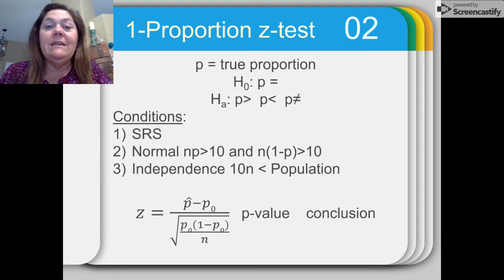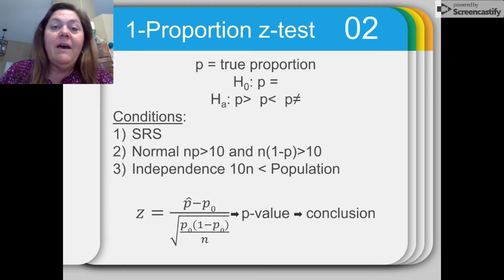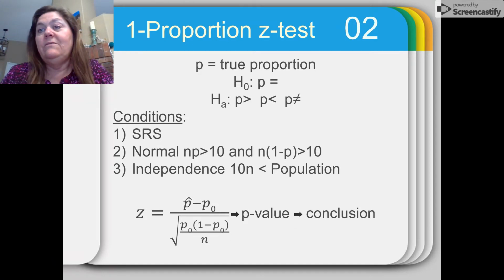This is where students get confused. So please note that you're taking the p from the null hypothesis in this z statistic. p hat is used in the numerator only when you're subtracting p null from it. So this will give you your p-value, which will then give you a way to write your conclusion.